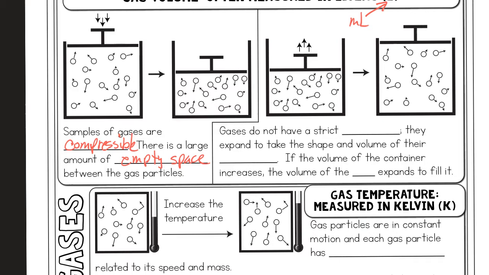Gases do not have a strict volume. They expand or spread out to take the shape and the volume of their container. If the volume of the container increases, the volume of the gas expands to fill it.